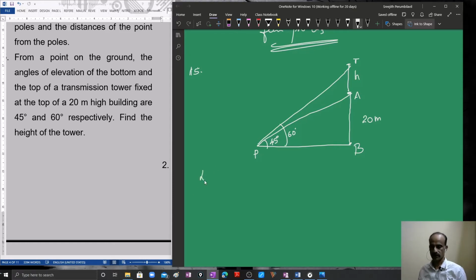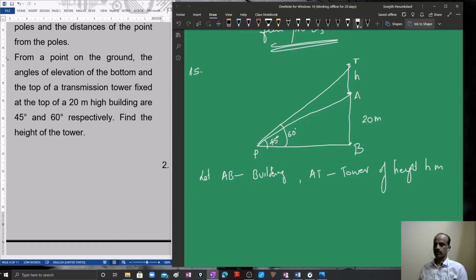So let AB be the building, AT be the tower of height h meters. Now let BP be equal to x meters.